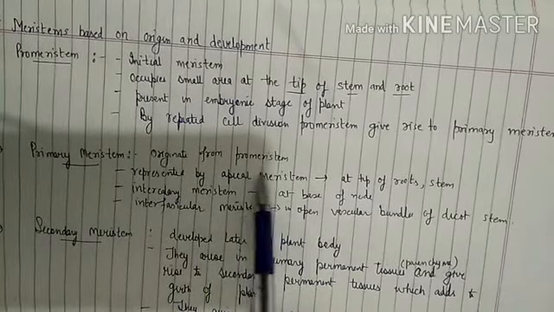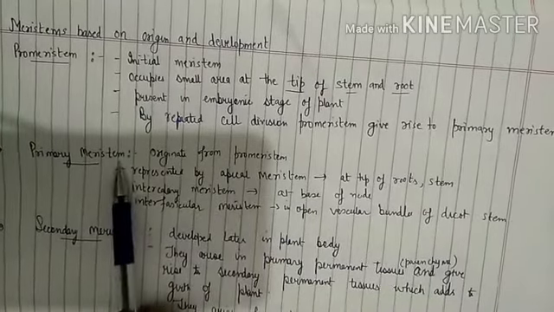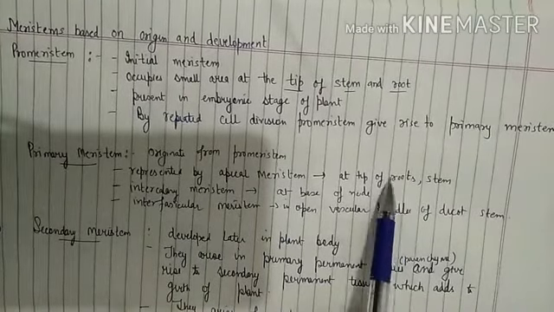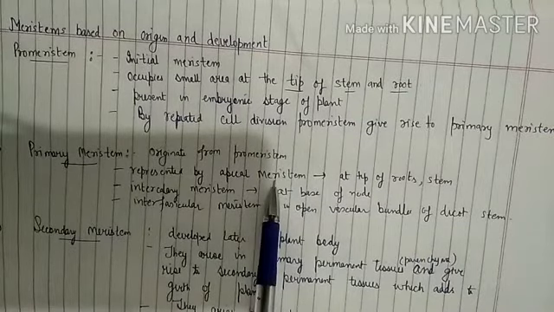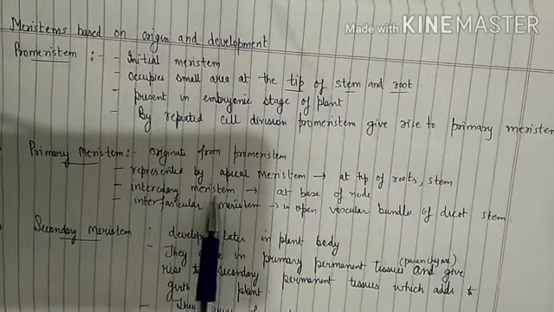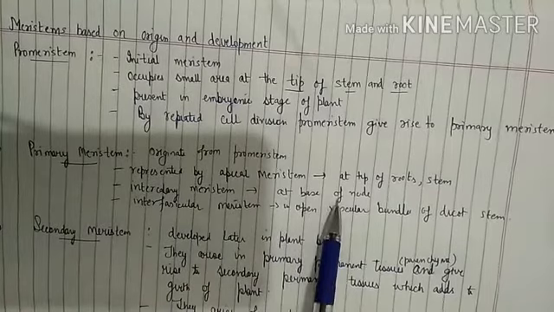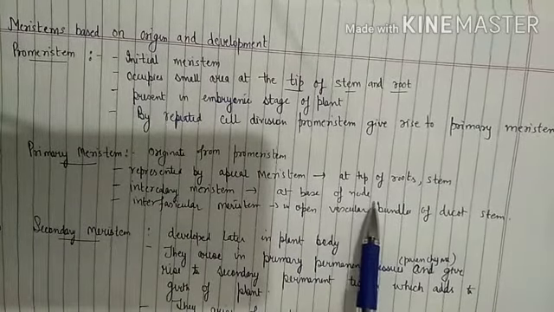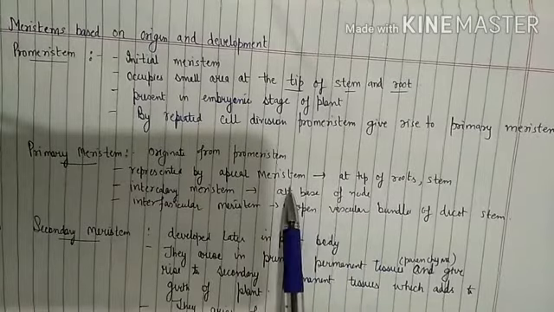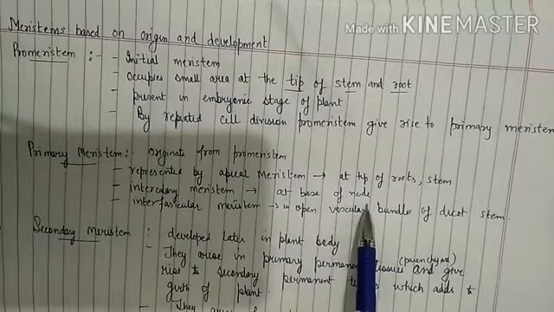Apical meristem means if the primary meristem is present at the tip of root and stem, then we will say it is an apical primary meristem. Intercalary meristem means it is present at the base of node, and you know now what is node, as we have already studied in the previous chapter.